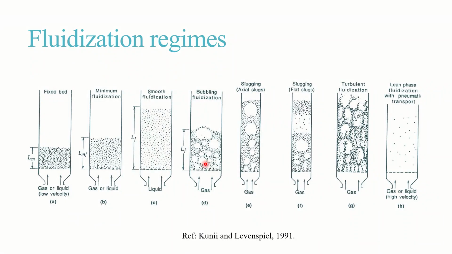However, the initial packing conditions, the void fraction or volume fraction, affect the minimum fluidization velocity. Take two cases, one with 1 meter length of packing and one with 2 meter length. When you do the fluidization for both cases, if the packing fraction is the same, the minimum fluidization velocity would be the same.